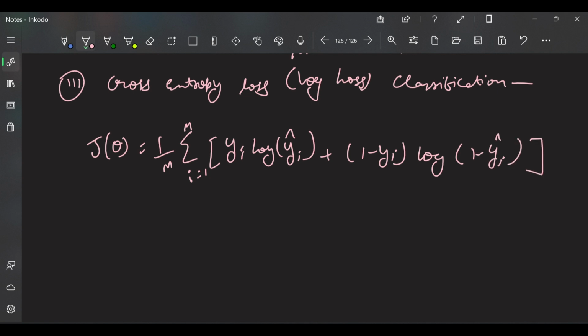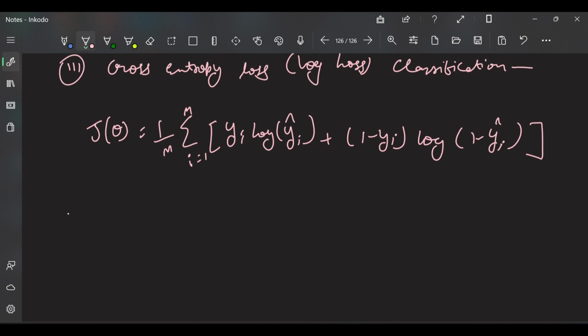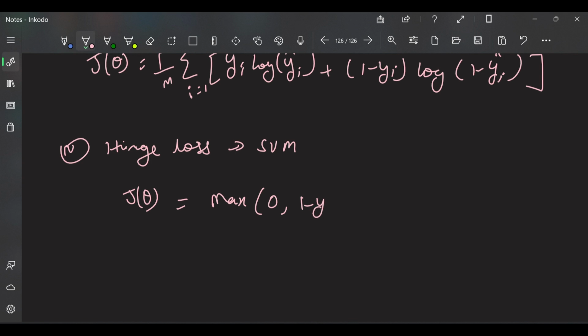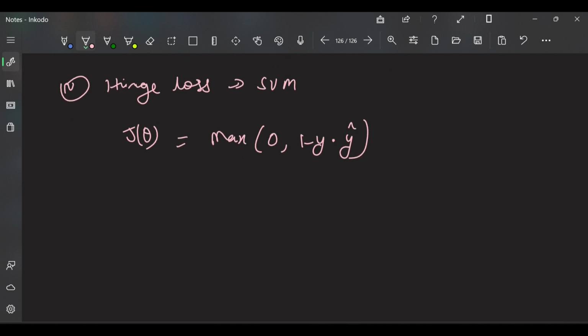Okay, so the last one is your hinge loss, used in SVM. Here J of theta can be written as maximum of 0 comma 1 minus y into y cap. So this is about the hinge loss.